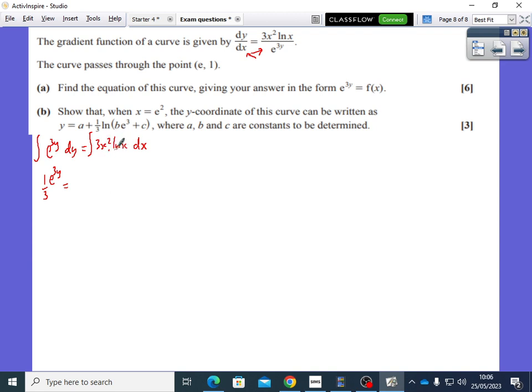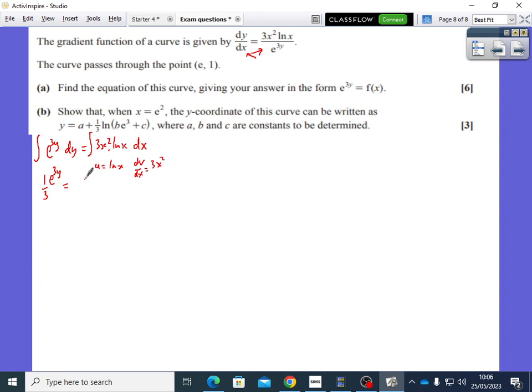Now it's a bit harder to integrate this side because you've got a product, and because it's a product, you have to do parts here. Normally you would call u x squared or anything with x, but if you've got ln, you tend to call u ln because it's easier to differentiate. So I'm going to call u equals ln of x, and dv/dx equals 3x squared.